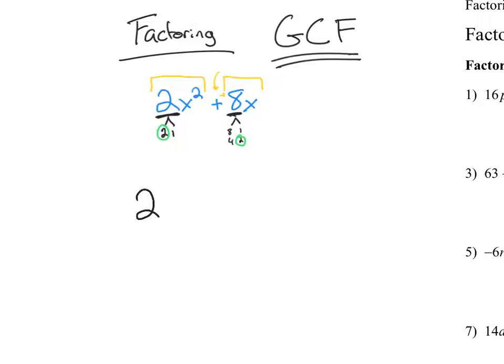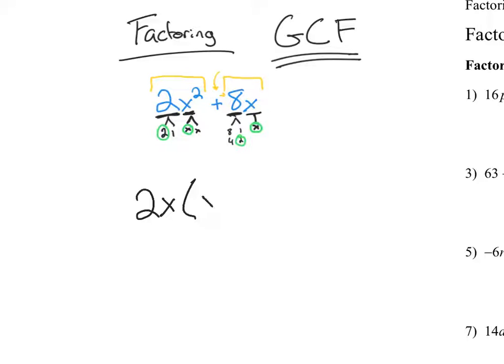And then we're going to do this same thing with the x's. This x is just x and x. What is the greatest common factor? Well, they both have an x common factor, and there's only a single x in both of those. So I can pull an x out of that as well, right?